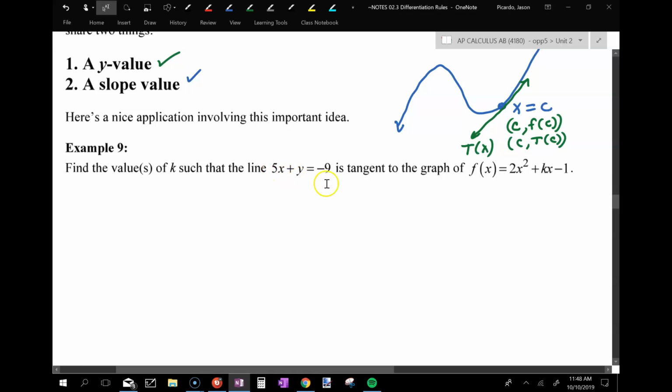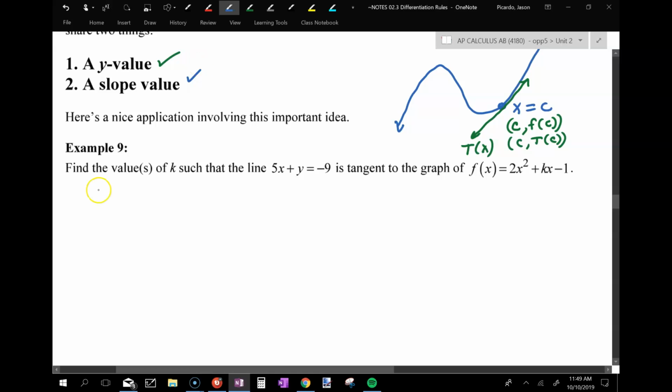So we have some curve, we have some parabola, right? Definitely a parabola. And I want to know what value of k makes this the tangent. Cool? All right. First thing I want to do is figure out, well, what is the slope of this tangent, right? Because I know that it's going to share that with this, correct?